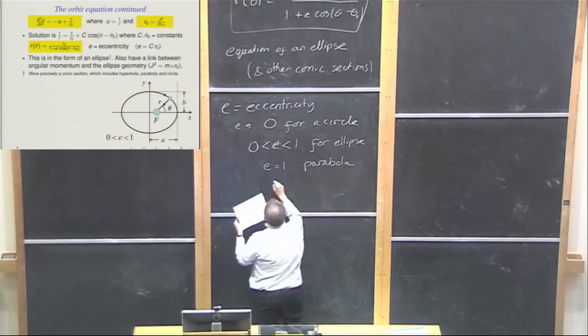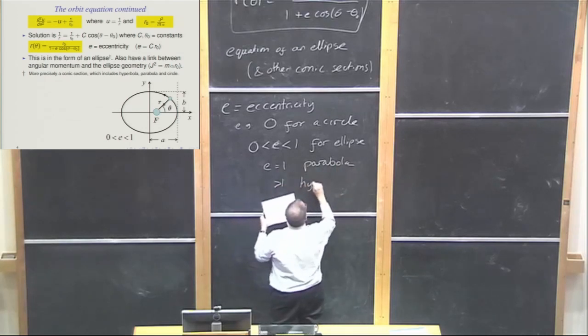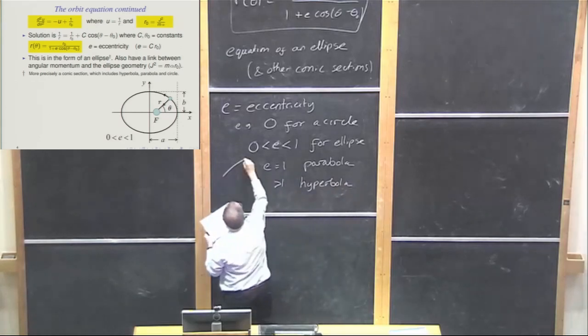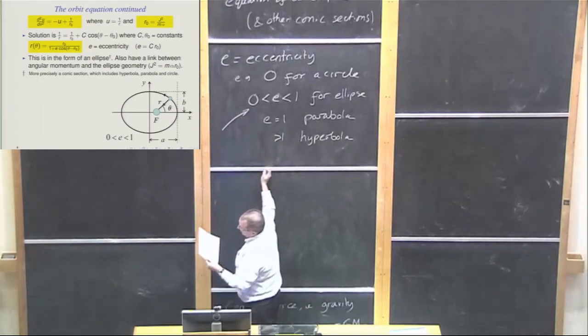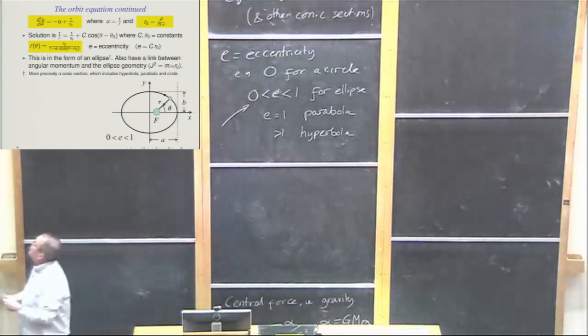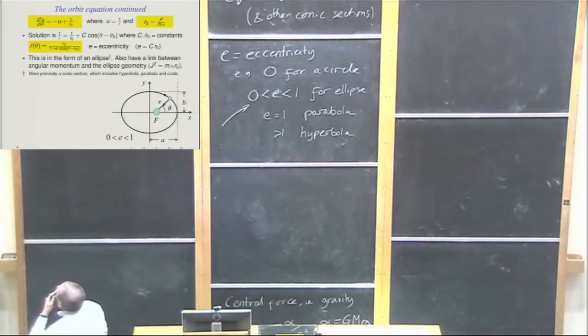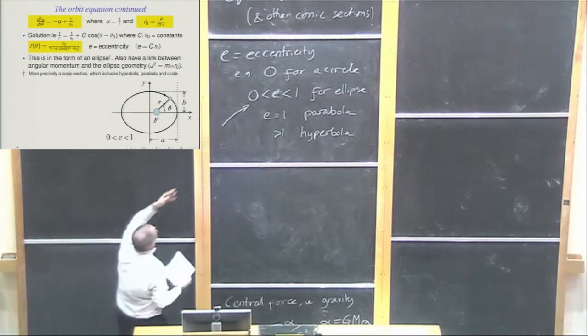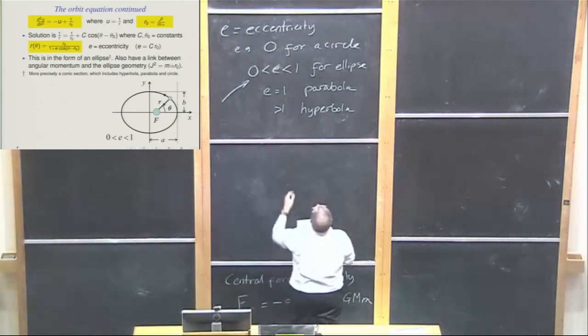And if it is greater than 1, that is a hyperbola. But it's this case which will be absorbing our interest for the rest of this lecture. Okay. So let's regard this as the equation for an ellipse.